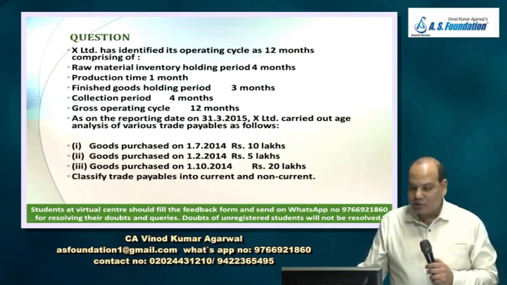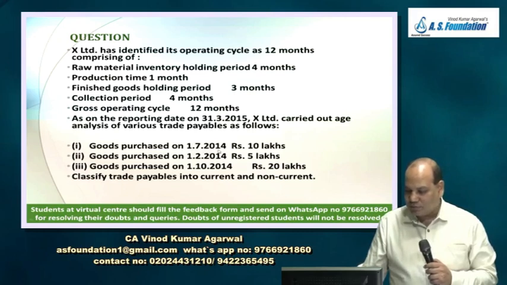We are doing the aging analysis of trade payable. We found that we purchased goods on 1/7/14 for 10 lakh. So as on the balance sheet date, it is already 9 months they have completed. Then on 1/2/14 5 lakh. This is for more than 12 months.